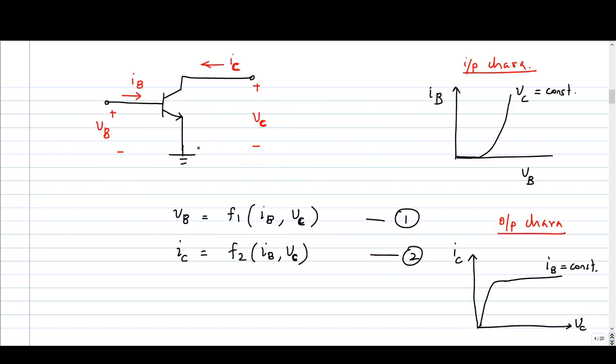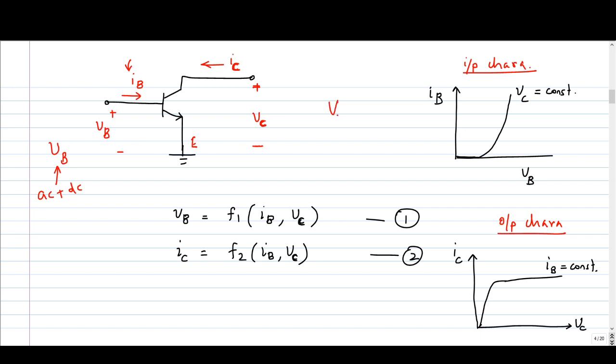I have shown a general transistor symbol here in common emitter configuration. The emitter is grounded, so the input voltage is between base and ground. I have represented it as V subscript capital B, which means it is the total base voltage, AC plus DC. And I subscript capital B is the base current flowing, which is also the total base current, AC plus DC. Similarly, this is IC, and this output voltage is represented as VC.